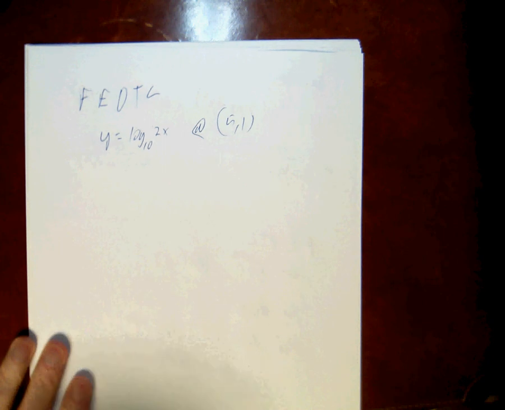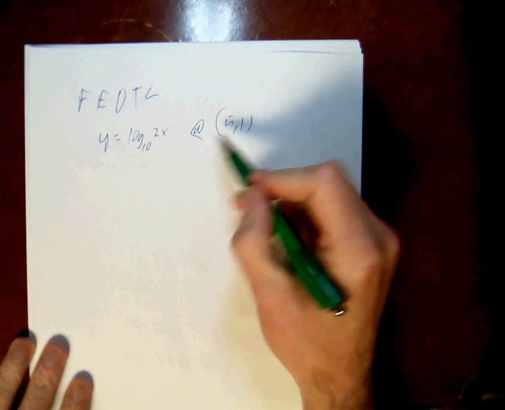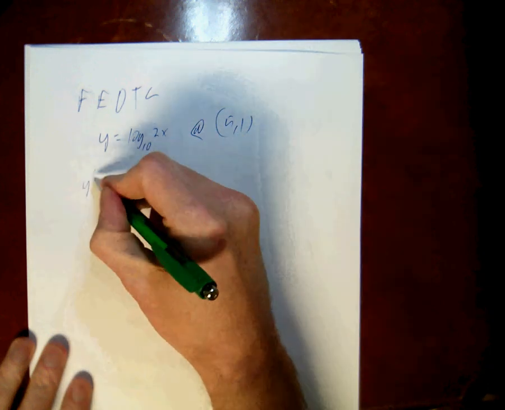All right. So what do we do? Well, same thing. Find an equation of a line. There's a point. I need my slope. So I need to take the derivative.